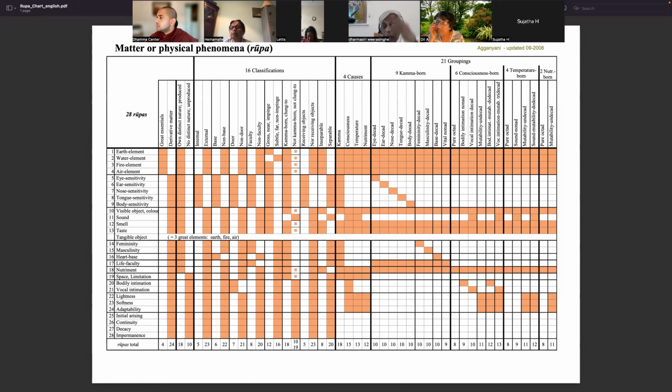If it is tejo, it is a series of utuja kalapas that gives the temperature to the body.